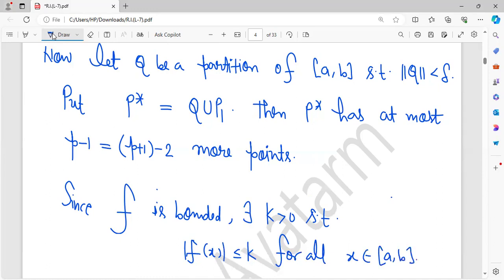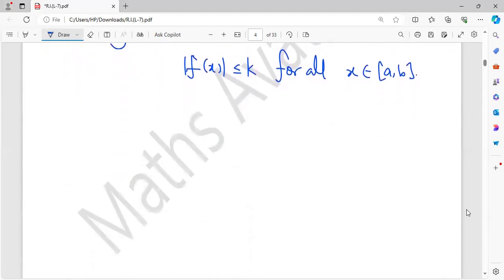So put 2(p minus 1) times k, that is 2k(p minus 1).